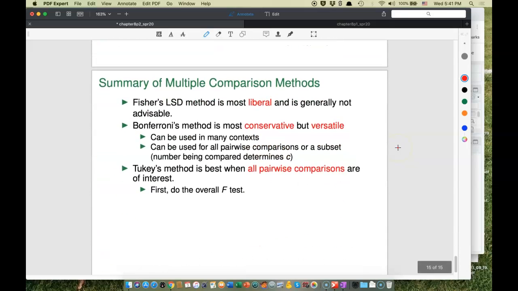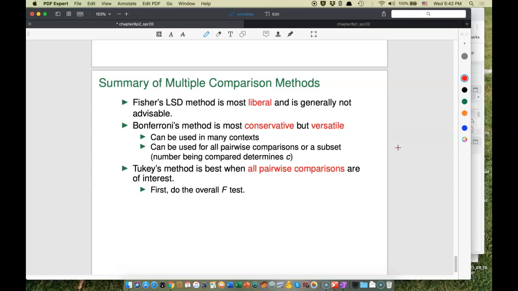Okay, so to summarize, I've showed you 3 methods. Fisher's LSD method is the most liberal, and it's generally not advisable unless you have specific planned comparisons that are really justified by previous research. So we're confirming, in a sense, whether or not there's a difference in the new study. Bonferroni's method is good when you don't know what else to do.